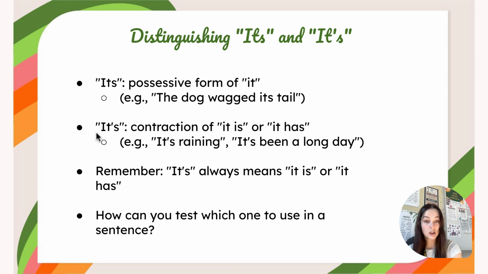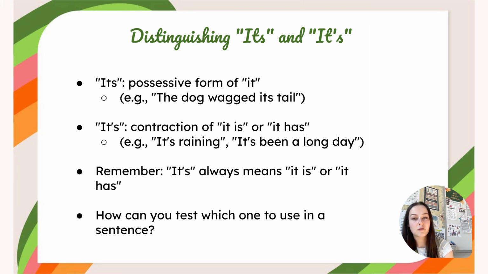When you use your apostrophe here, that's going to show either the contraction of it is or it has. It is not going to show the possession. That's a tricky rule in the English language simply because most times when you use an apostrophe like this right after the word, it does show possession.